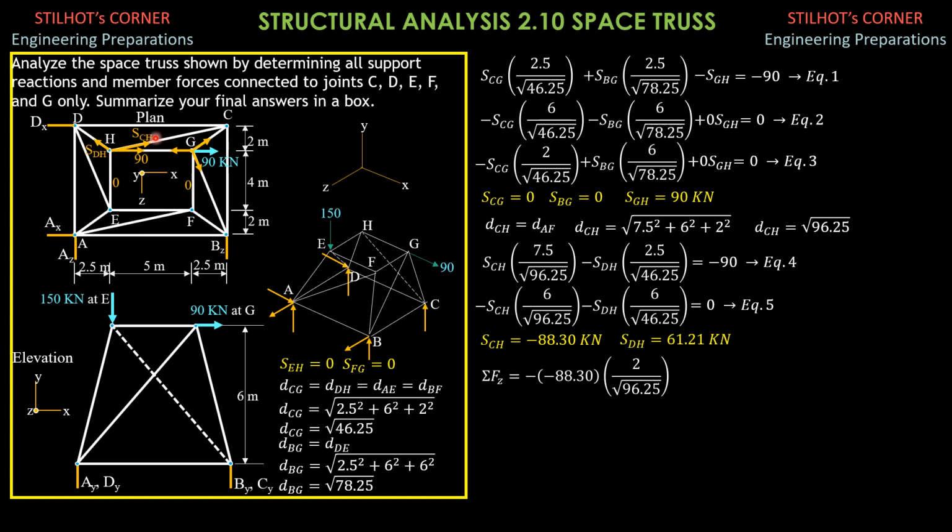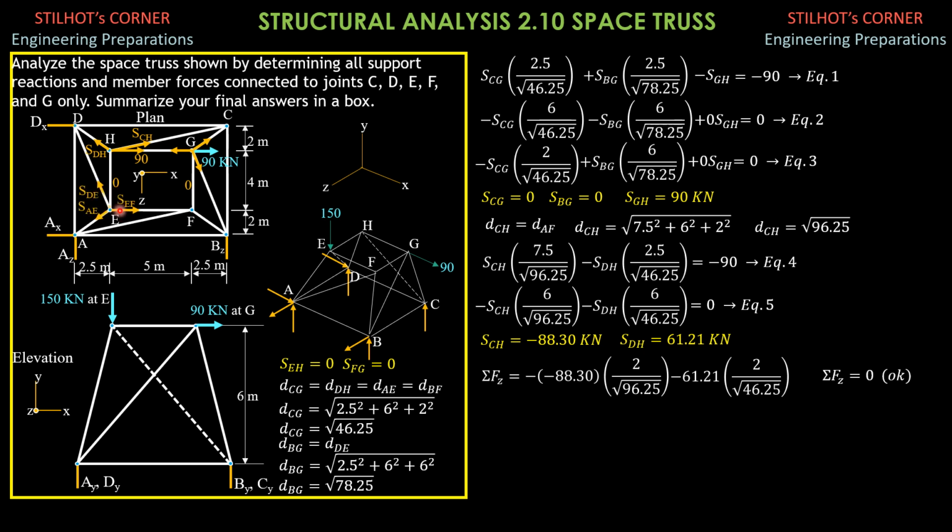So negative of SCH, SCH is negative 88.30, Z component of distance 2 divided by square root of 96.25. SDH is in the opposite Z direction, so minus 61.21 times 2 over square root of 46.25. Computing using your calculator, it is 0. So it's okay, meaning our answers so far are correct.